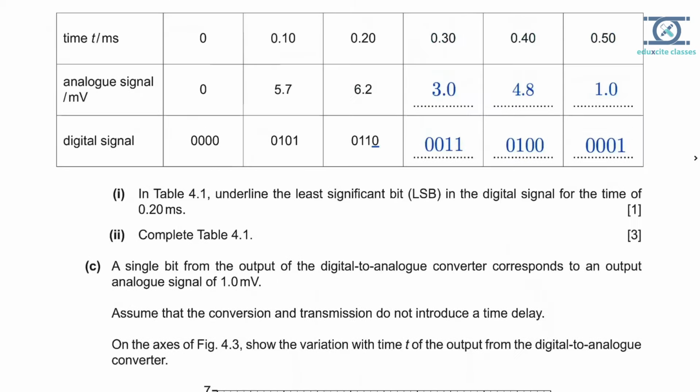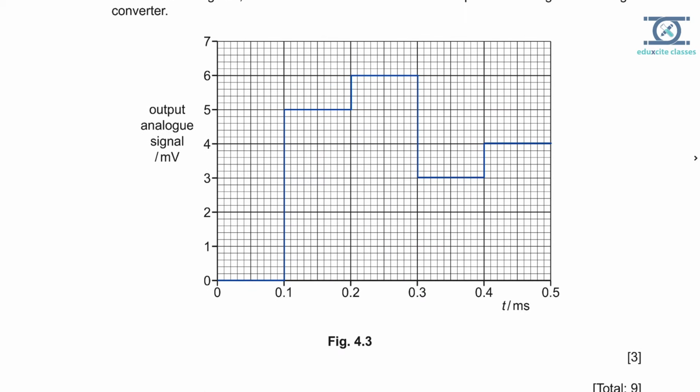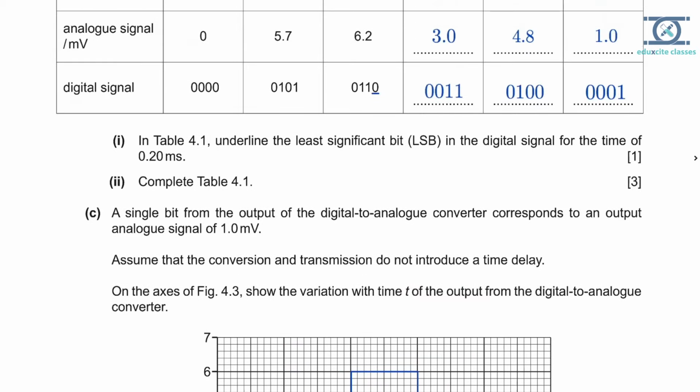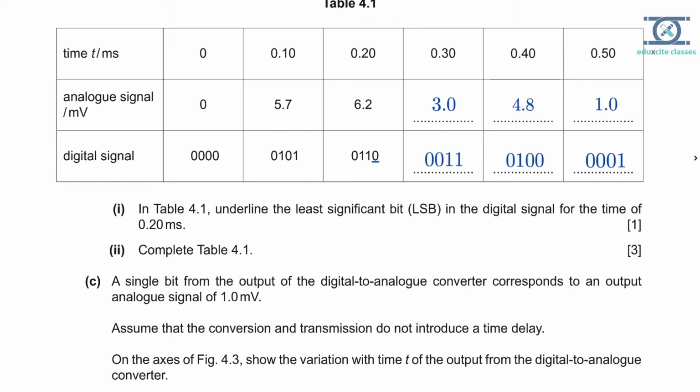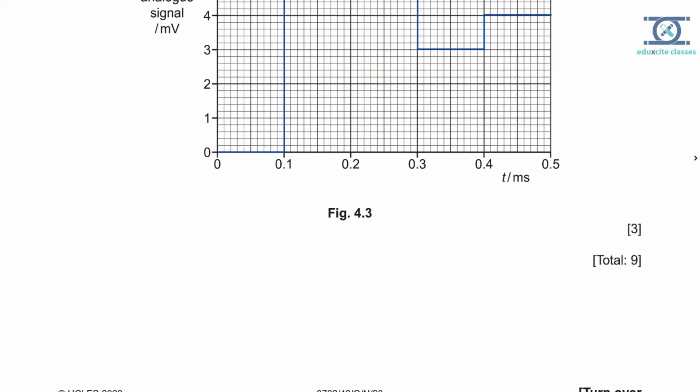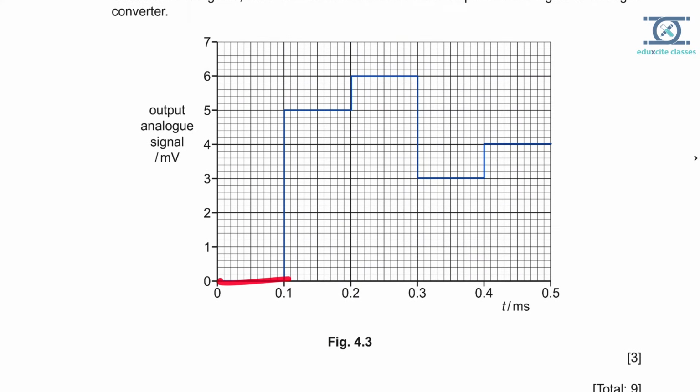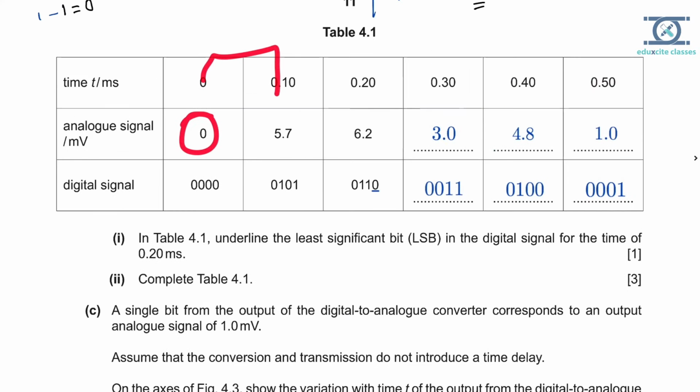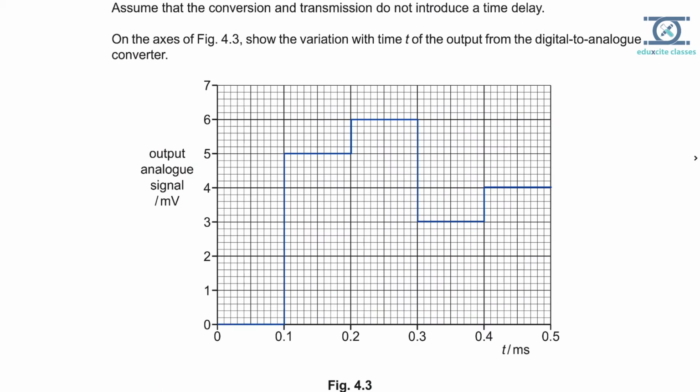Now we have already been converted. So from 0 to 0.1, it has been 0, so I have taken 0. Now from 0.1 to 0.2 I will take 5.7.